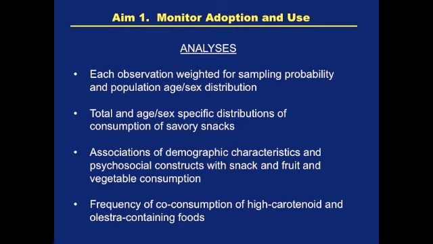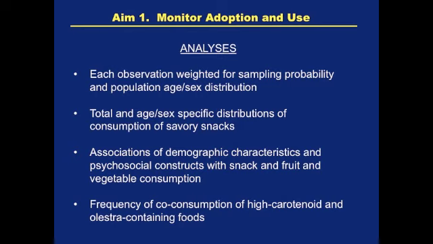So every observation was weighted for their sampling probability. This is when you make a phone call to a house. If there are 5 people living in the house, then everyone has a 20% chance of being sampled. So you adjust for the inverse of the sampling probability, and then you adjust those numbers to the age-sex distribution of the underlying community, so that the end results are actually inferences you can make about the entire community.